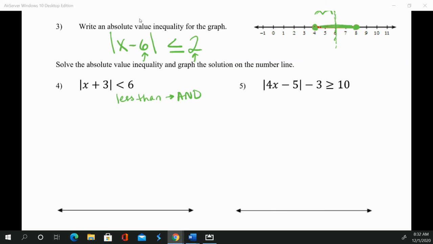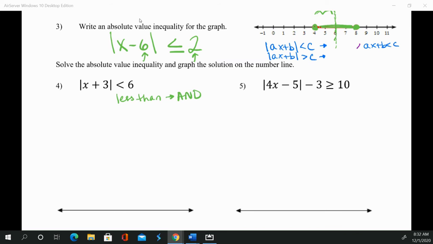So just a reminder, I'll write those rules here. So if it's less than or equal to C, we have the given information.